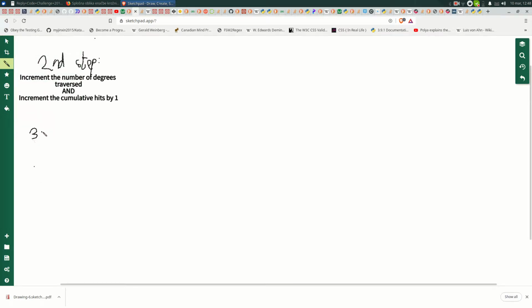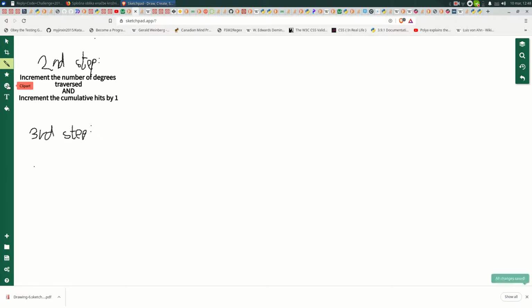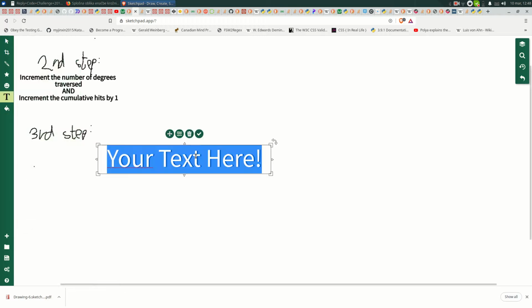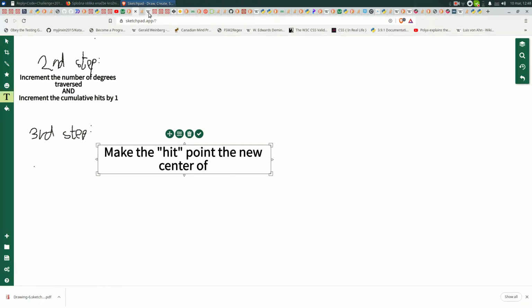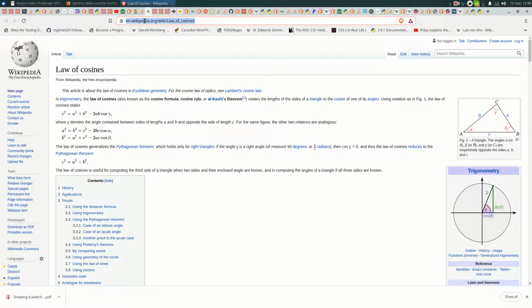So here we say third step, which is what we shall do is make the hit point the new center of, how do we call coordinate system in English?